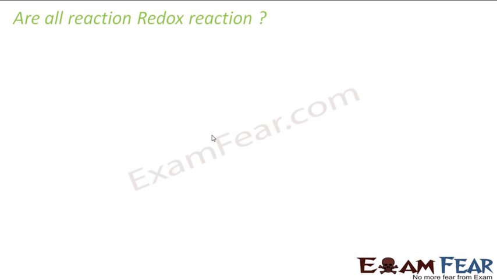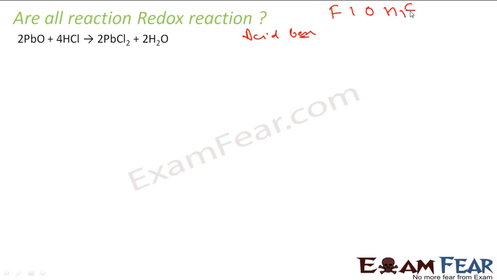Now the question is, are all reactions redox reactions? The answer is no, because there are some reactions which are not redox. For example, this is an acid-base reaction, and if you want to find the oxidation number, let's do it. Oxygen becomes -2, so Pb becomes +2.